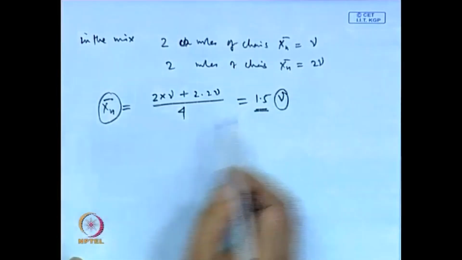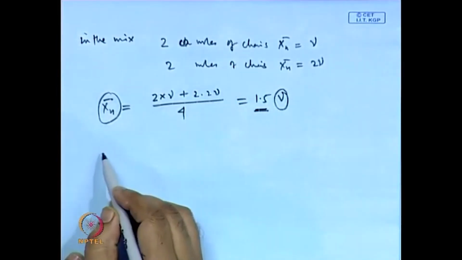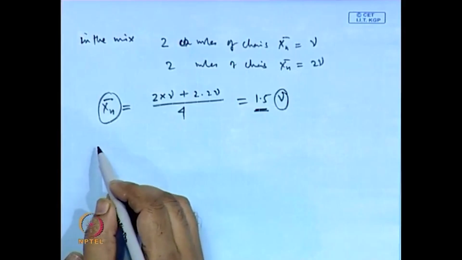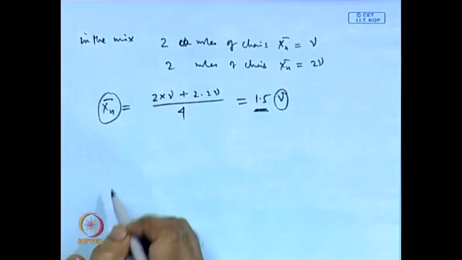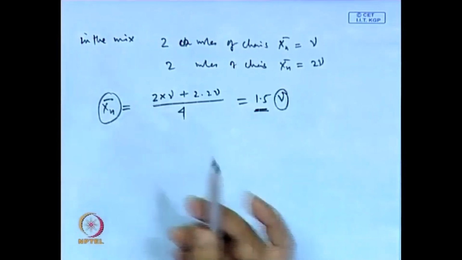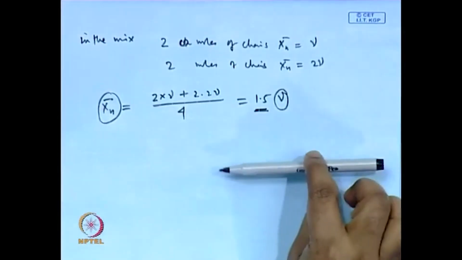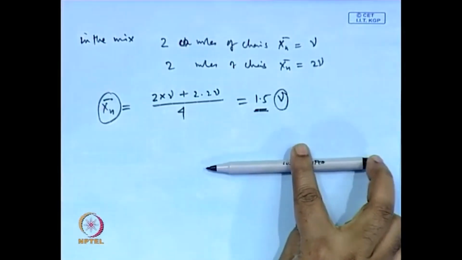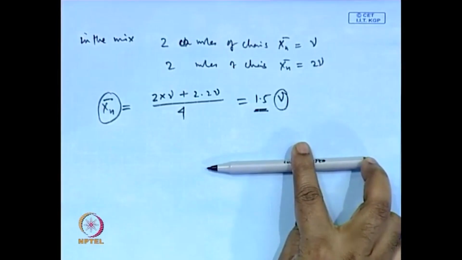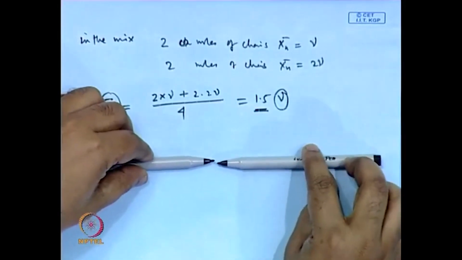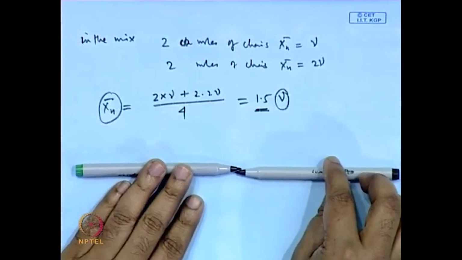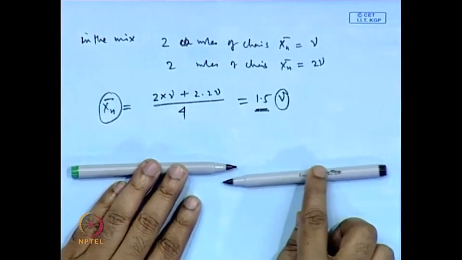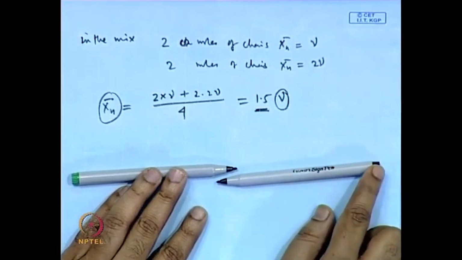We can get this number if you consider how many initiator residues are present per chain. Now, if I have one kinetic chain like this, at this end you have one initiator residue which initiated the chain. If I react it with another kinetic chain and form a dead polymer by coupling reaction, then you have a polymer chain which has 2 residues.